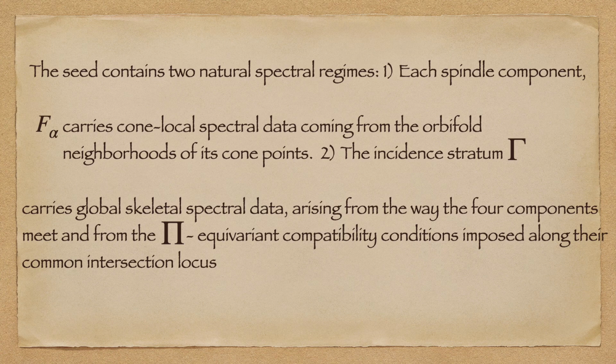So the seed contains two natural spectral regimes. One, we can look at the cone points. There are going to be 8 total cone points in this case. These are the cone local spectral data coming from the orbifold neighborhoods of its cone points. Number 2, the incidence stratum gamma.